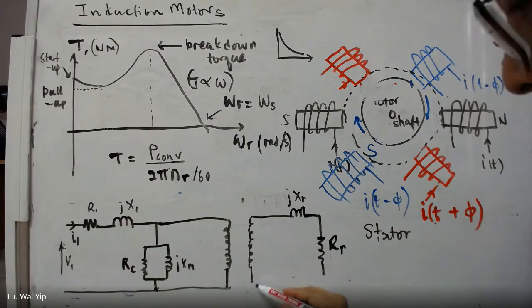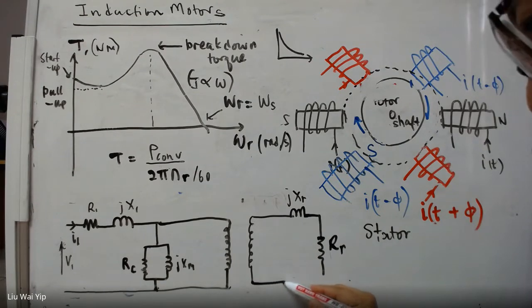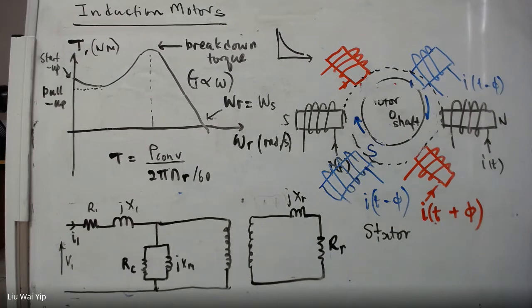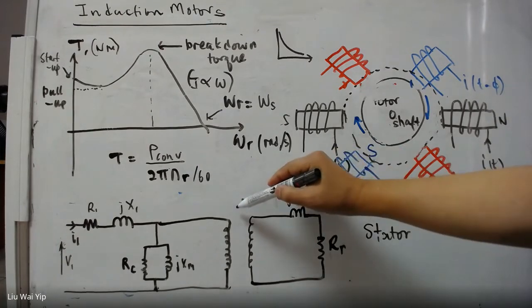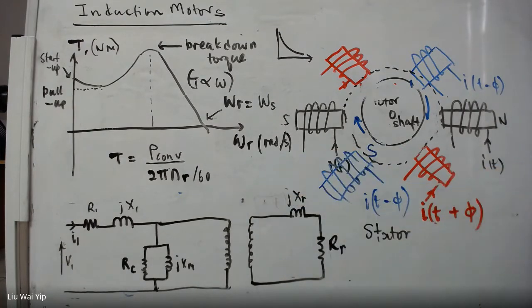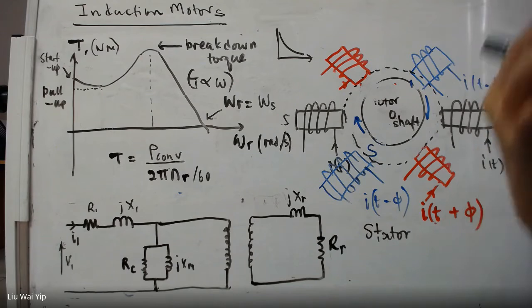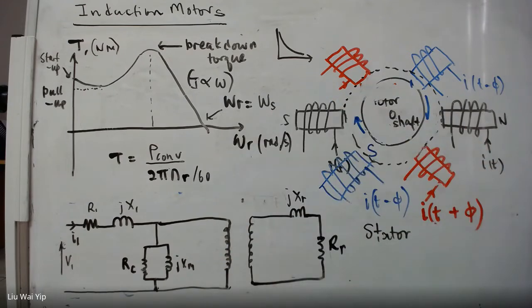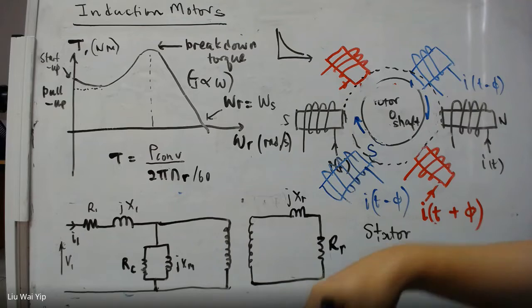And the transformer here is an ideal transformer. And we are now trying to use the skill we have from the chapter of transformer to build up a model for the induction motor. So there is no loss in this transformer because it is an ideal transformer.